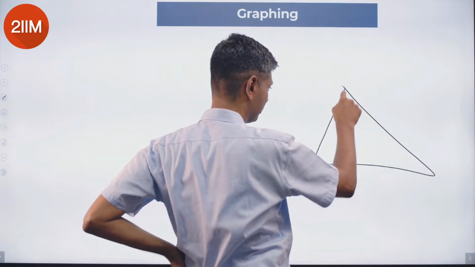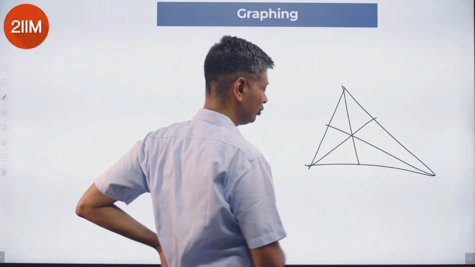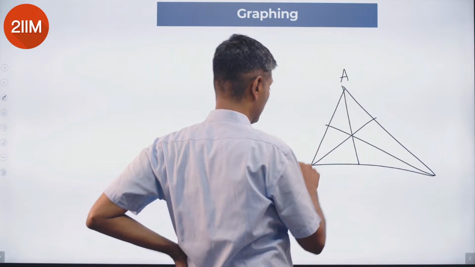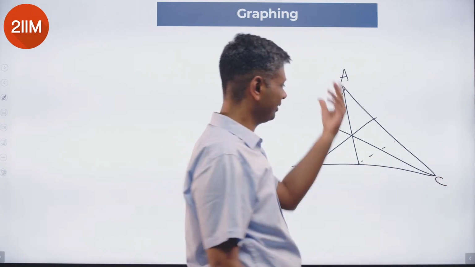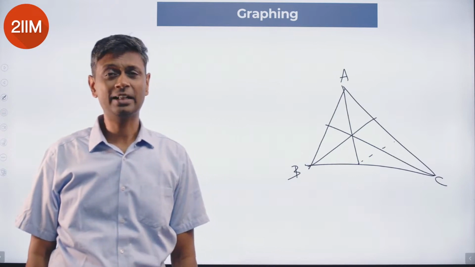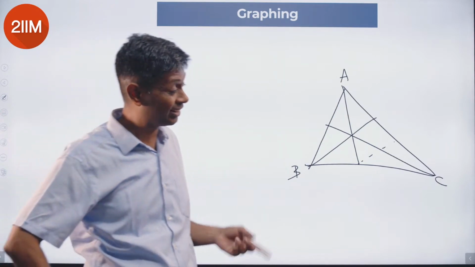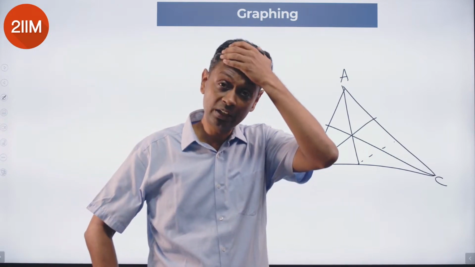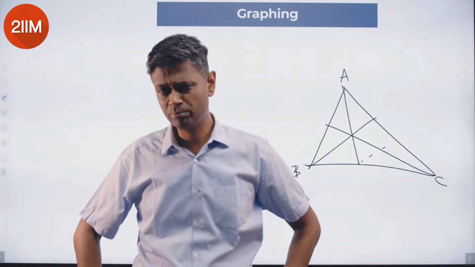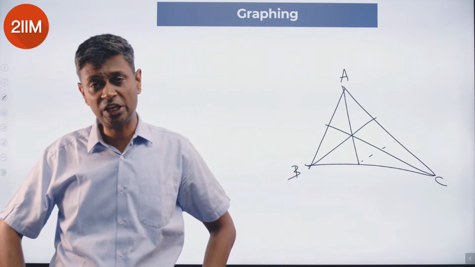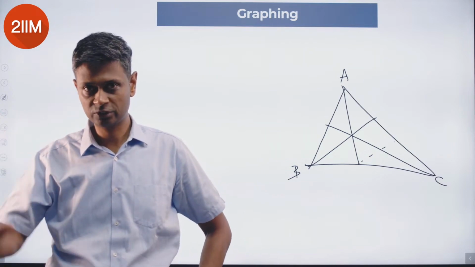You draw this diagram, imagine A, B, C, and then you draw a line like this, and establish some similar triangles ideas, and then prove that the three medians are concurrent, and that the centroid divides the median in the ratio 2:1. Beautifully rigorous, challenging, tough, thorough understanding of geometry.